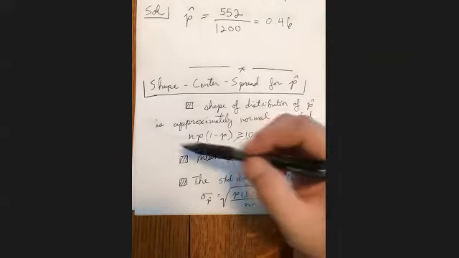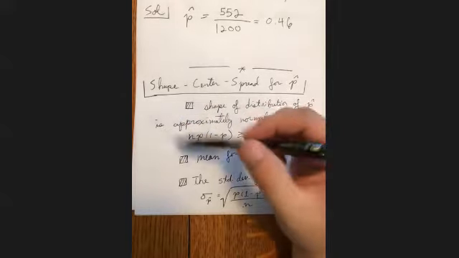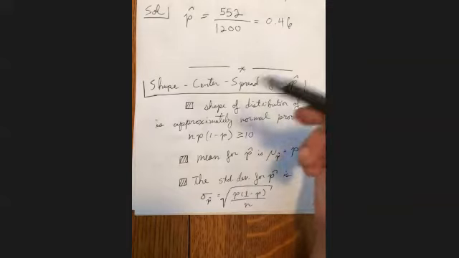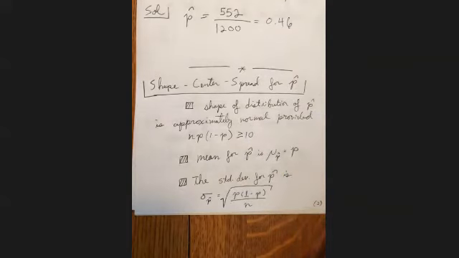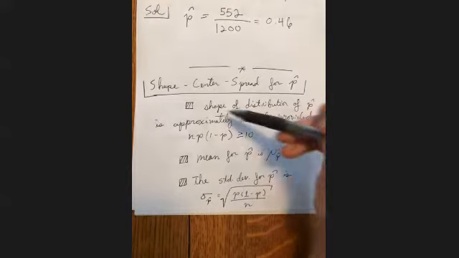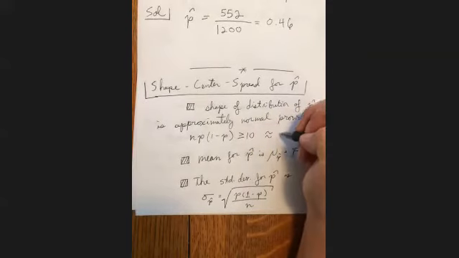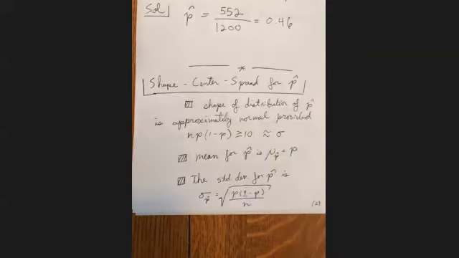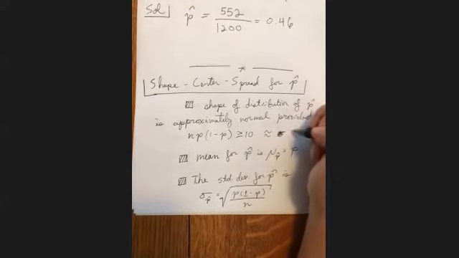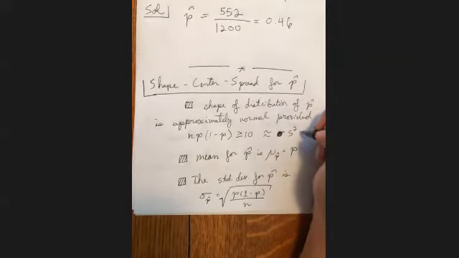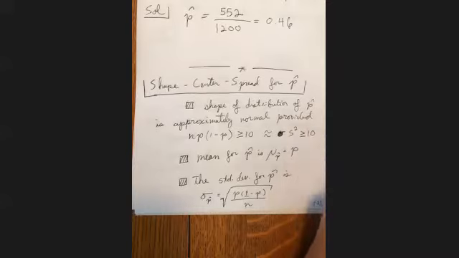Okay, so this looks a little weird, but if you recall that I said that p hat is essentially a binomial random variable, then this expression is basically equivalent to saying that we want the variance of this proportion for this sample to be greater than or equal to 10.